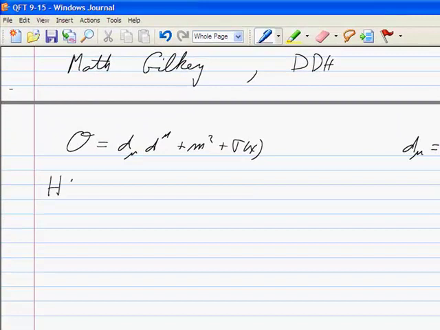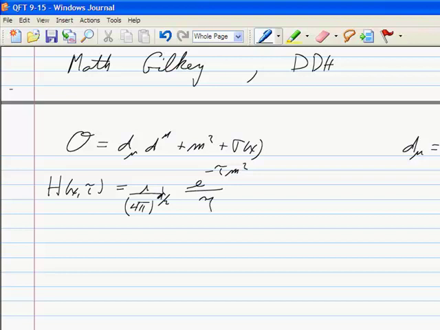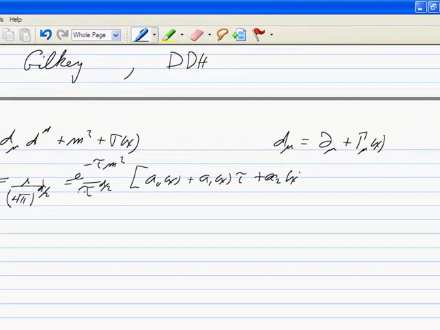is h of x in tau is i over 4 pi to the d over 2. It's in d dimensions. e to the minus tau m squared, times 1 over tau to the d over 2, times a0 of x plus a1 of x times tau plus a2 of x times tau squared plus dot dot dot.